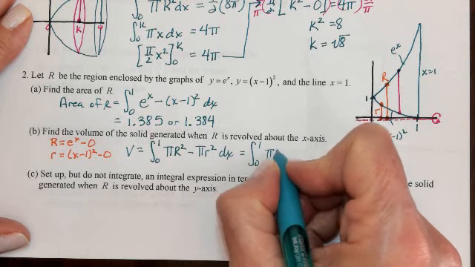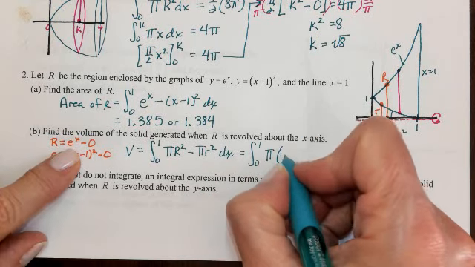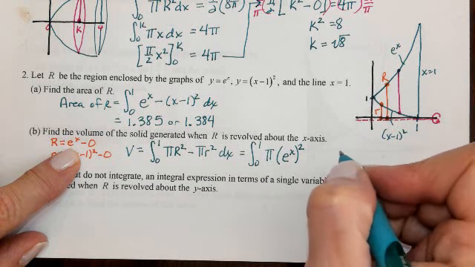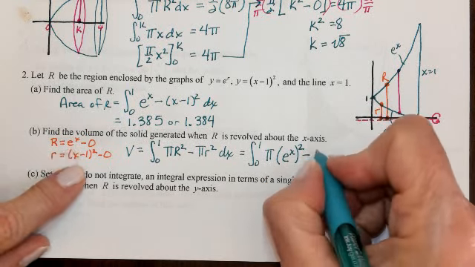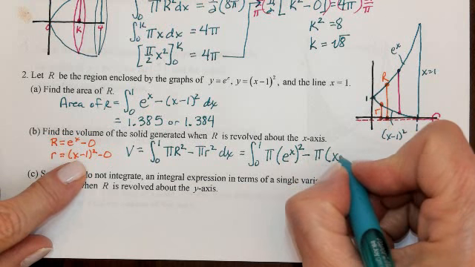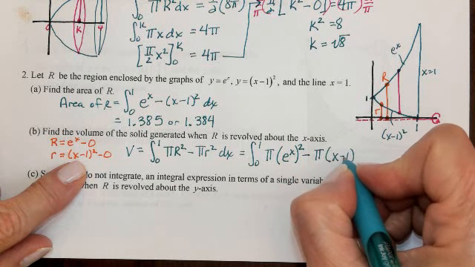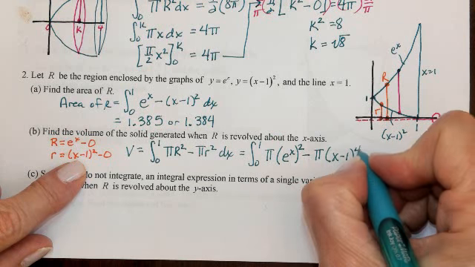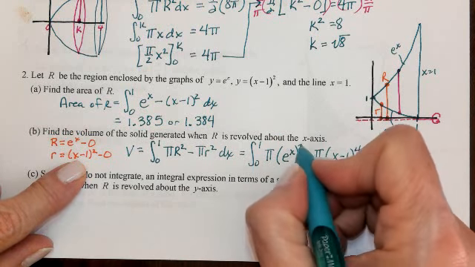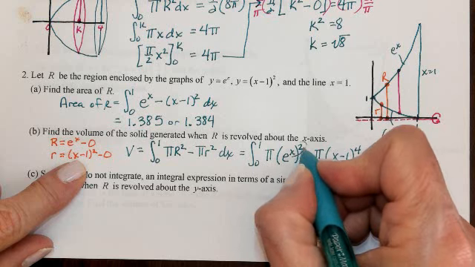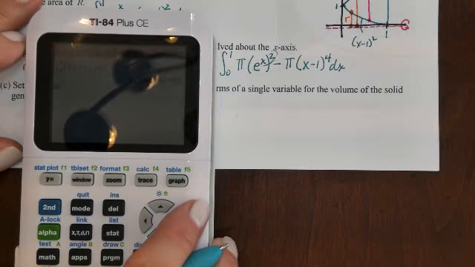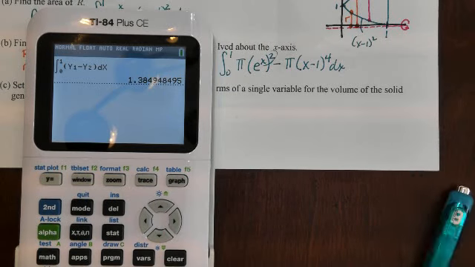So pi times big R squared is e to the x squared, minus pi little r squared is (x minus 1) squared squared, which will be (x minus 1) to the 4th. And e to the x squared, we would multiply, so that would be e to the 2x.